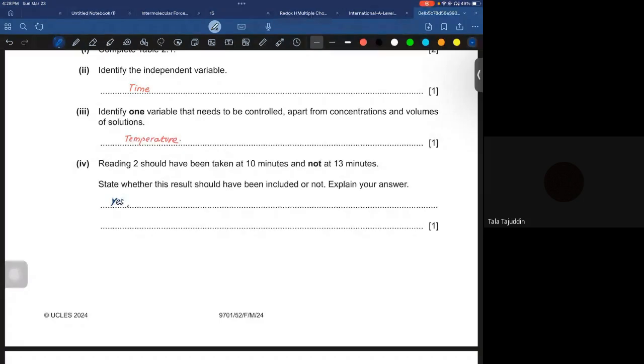Why? Because the value of the titer is correct with respect to its time.